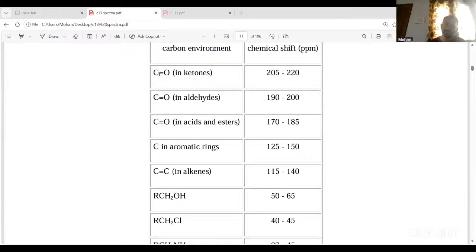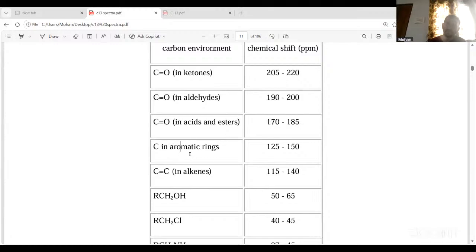So for example, when the CO is in a ketone, the value is 205 to 220. And when the CO is part of an aldehyde, it is 190 to 200. And here you can see, when the carbonyl is part of a carboxylic acid or an ester, the value is 120 to 185.